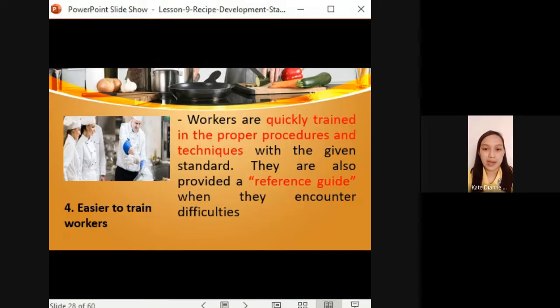Unlike kasi pag hindi standardized yung ating recipe, 'di ba, paiba-iba, hindi natin alam kung ano yung tamang pag-train sa mga tao since wala tayong standard recipe and procedure. So, this is one of the benefits of having standardized recipe. Next, sir.